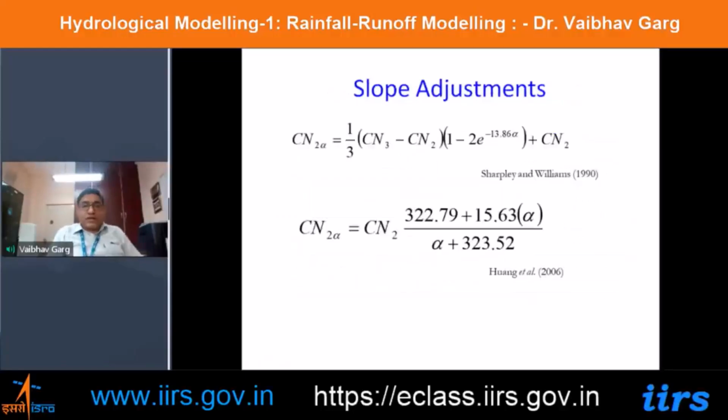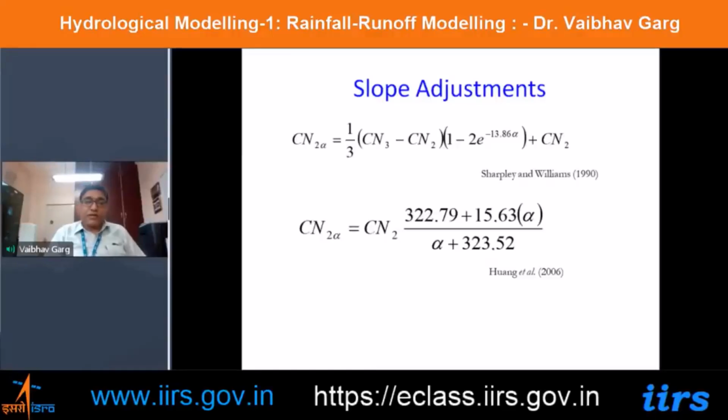Now, as I told you earlier, the method was developed for small agricultural plots. In the agricultural plots, the slope was less than 10%. It is not necessary that within a watershed your slope will always be less than 10%.